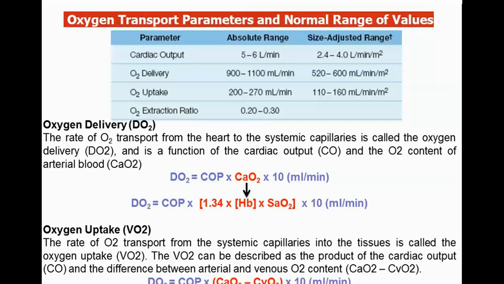Why do we multiply by 10? Because the oxygen content is 20 milliliters per deciliter. To become per liter, it becomes 200 milliliters per liter, and cardiac output is in liters.